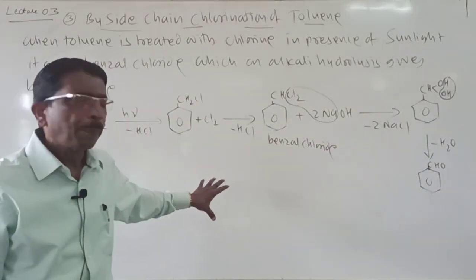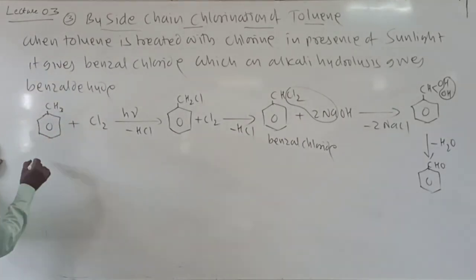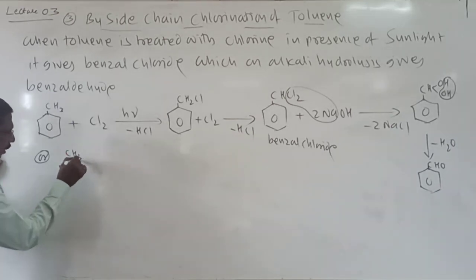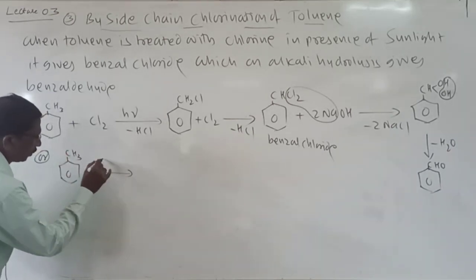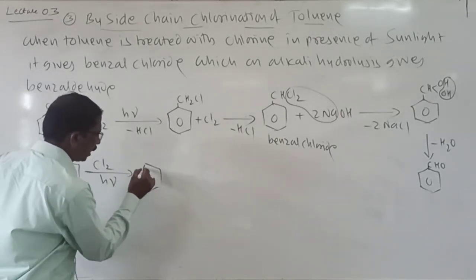You may shorten this reaction like this. When toluene is treated with chlorine in presence of sunlight, it forms benzyl chloride.